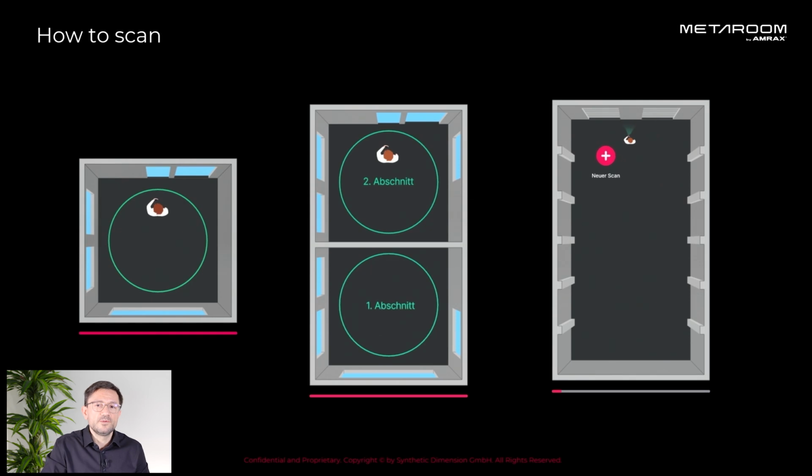And the third case we can see in the field is the so-called large space or large environment. So in this case, you can use multiple scan sections that can and should be overlapping to build up a room that is way larger than we can summarize in one single section. We will also show you how to do this today.